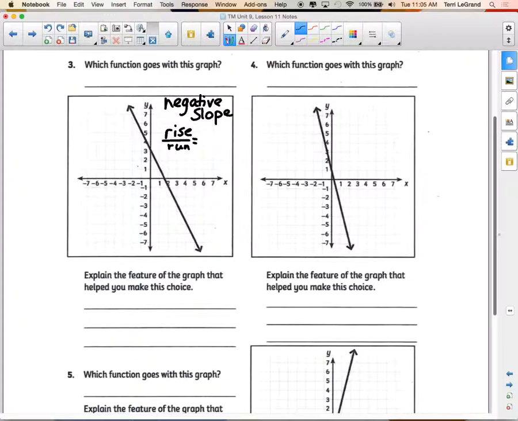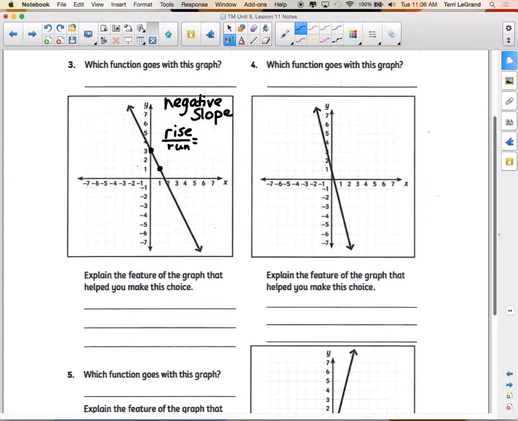Let's use this point right here on the y-axis where it's crossing at 3. And let's use this point right here, 1, 1. So 0, 3, and 1, 1 we're going to use because those are crossing at nice integer values for x and y. Okay, so how much do we have to rise and how much do we have to run?